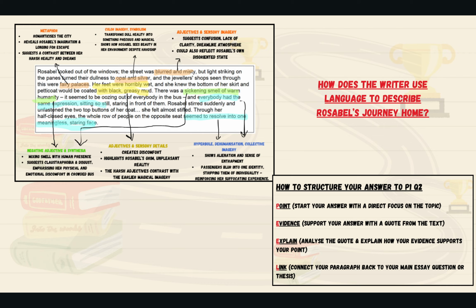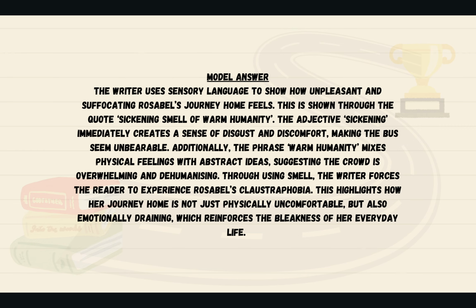All right, let's have a look at my model answer. So here, we read it out and then we annotate it for point, evidence, explain and link. So I've said, the writer uses sensory language to show how unpleasant and suffocating Rosabelle's journey home feels. This is shown through the quote, "sickening smell of warm humanity."